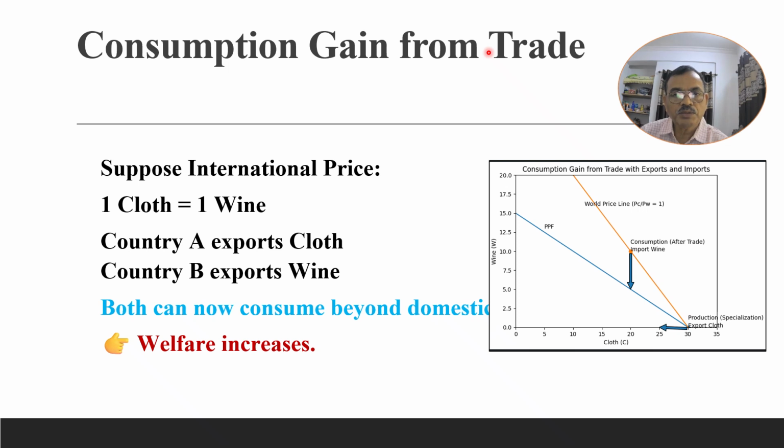Under autarky, this bundle was not possible. Thus, consumption lies beyond the production possibility frontier. This is the domestic production possibility frontier, and consumption lies beyond this PPF.